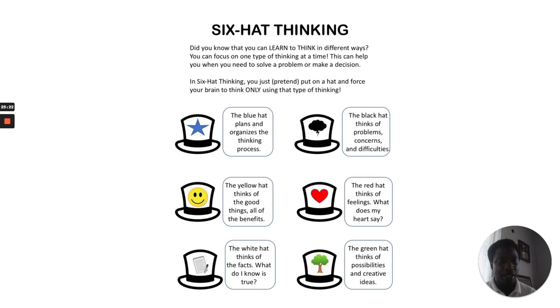And then you have the Red Hat. This thinks of feelings. What does my heart say? This is part of that gut feeling where, even though you call it thinking, it's like an intuition. This is the intuitive part of your thinking about the idea. And then the Green Hat thinks of possibilities and the creative idea, something that is just out of the box, right? If you use this framework about any idea, as you pen each of them down, it will be very helpful to you.